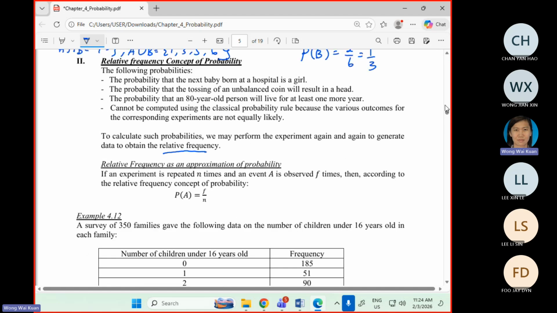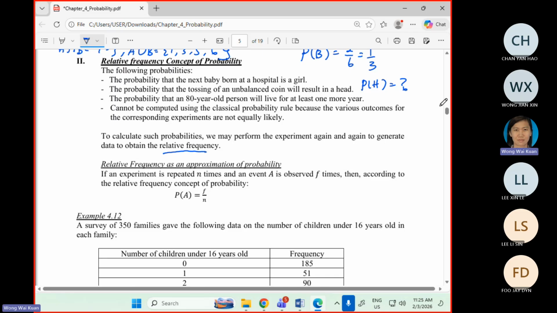How do I know the probability of getting a head? If I toss 2 times, 3 times, definitely no. You may need to toss at least 100, 200 or 1,000 times. Sometimes we believe that you need to do it 10,000 times or more. Especially nowadays with the big data issue, the sample size is getting bigger and bigger to get the probability.